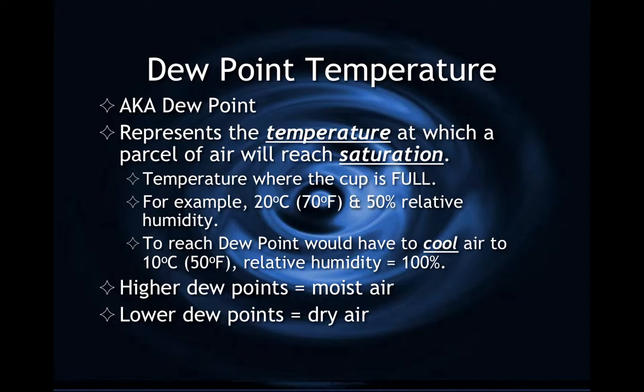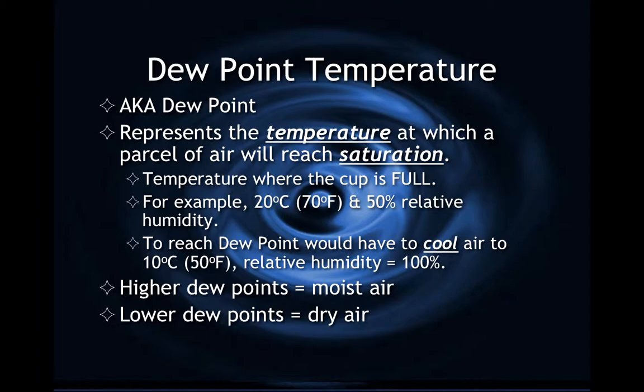Higher dew points mean you have really moist air, and lower dew points mean you have really dry air. And so if you had a parcel of air where it's like 70 degrees Fahrenheit, 20 degrees Celsius, and 50% relative humidity, if you cooled that air down to 50 degrees Fahrenheit or 10 degrees Celsius, you'd hit that dew point temperature, and that would be 100% relative humidity at that point.